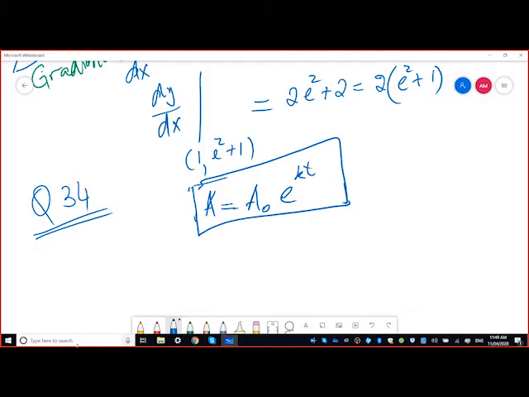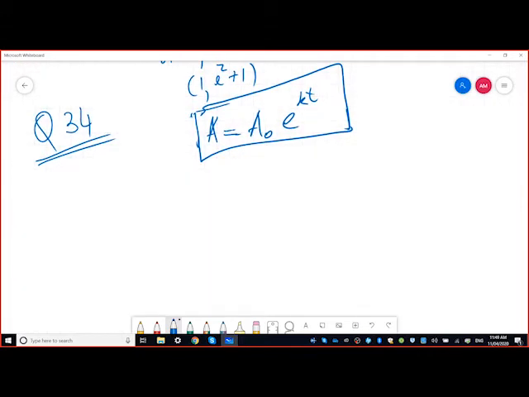What is the instantaneous rate of growth in dollars per year, corrected to 2 decimal places, when t equals 1, t equals 10, t equals 20, and t equals 40? Can you quickly find this and let me know the answers of part A, part B, part C, and part D?